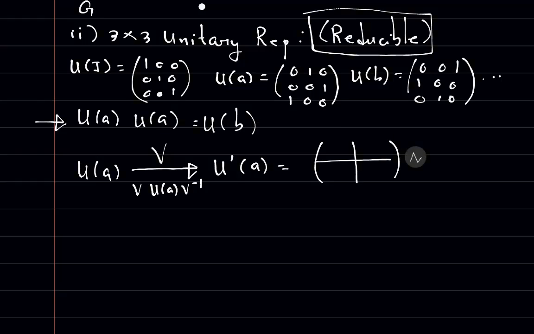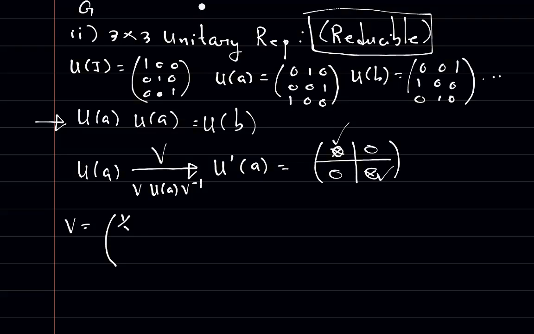By block diagonal, it means some elements are here, some elements are here, and all the rest of the elements are 0. This is the idea of block diagonal. So this is non-zero, this is non-zero, everything else is 0. Then we say that the matrix representation is reducible. Now let me give you a quick example. The V actually exists for the above 3 cross 3 matrices and looks a bit complicated.